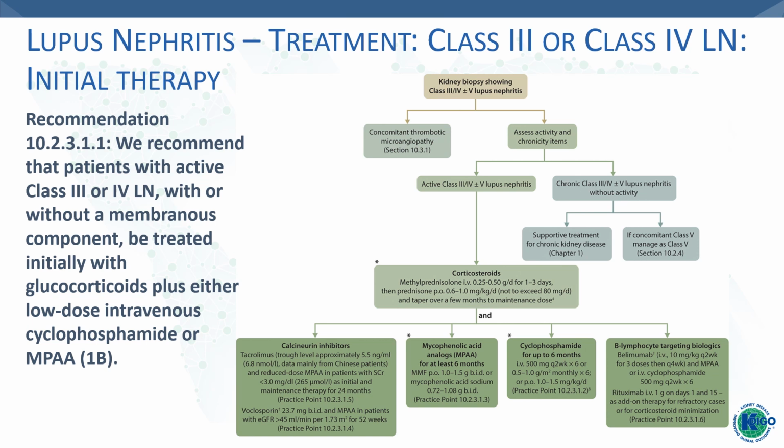Finally, you can add B lymphocyte targeting biologics by using belimumab in combination with mycophenolic acid analogs or cyclophosphamide. You can also use rituximab as an add-on therapy for refractory cases or for corticosteroid minimization.